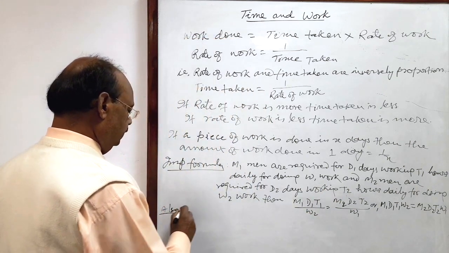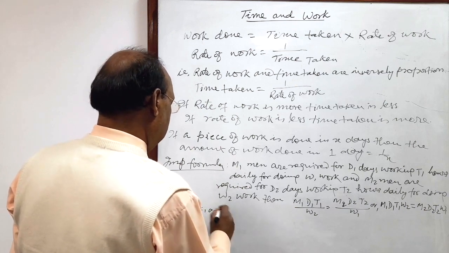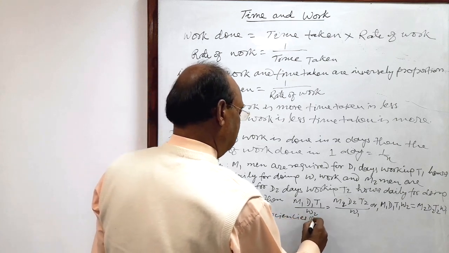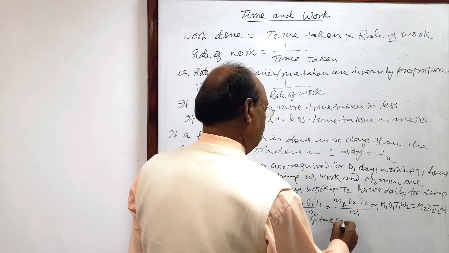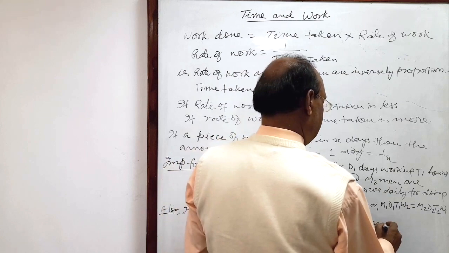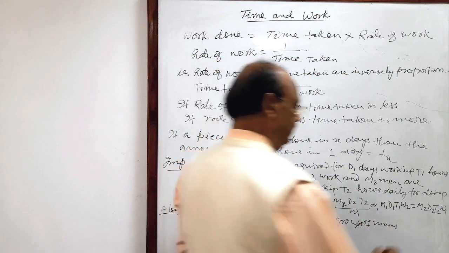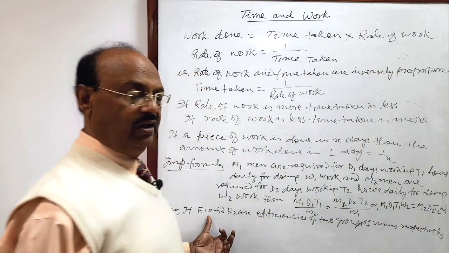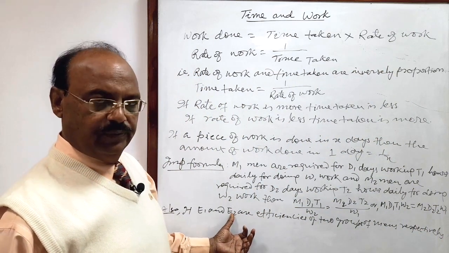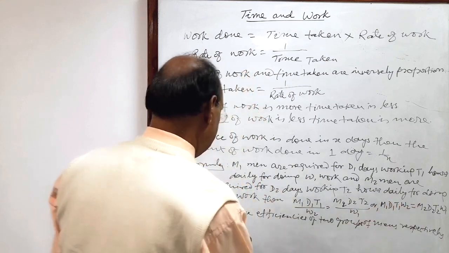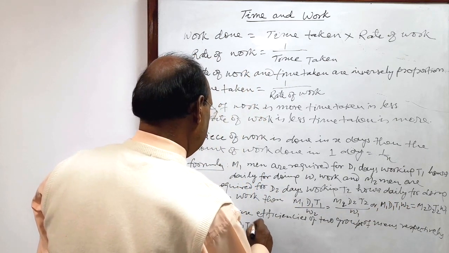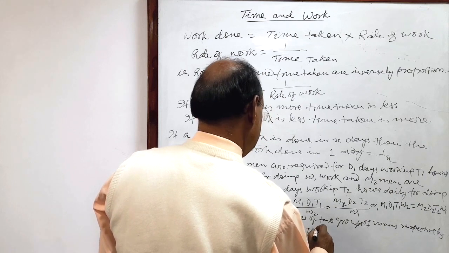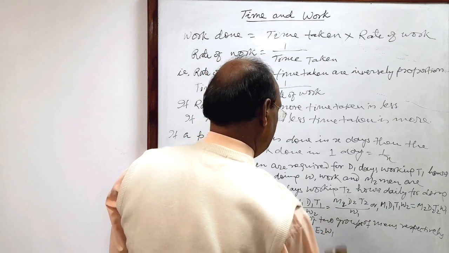Also, if E1 and E2 are the efficiencies of two groups of men, the first group and second group respectively, meaning the first group has efficiency E1 and the second group has efficiency E2, then the same formula can be written as M1 D1 T1 E1 W2 is equal to M2 D2 T2 E2 W1.